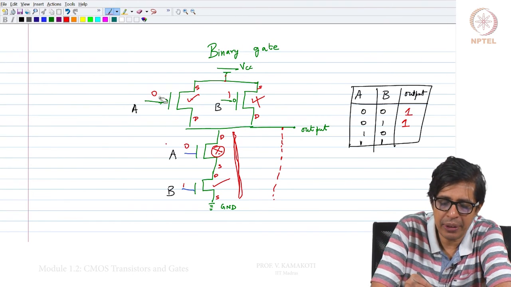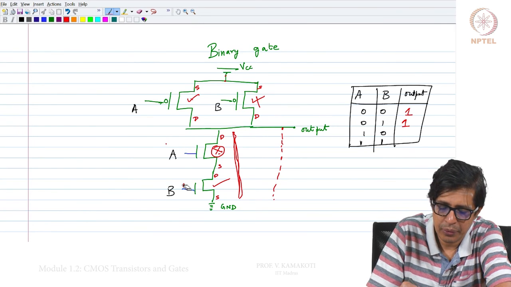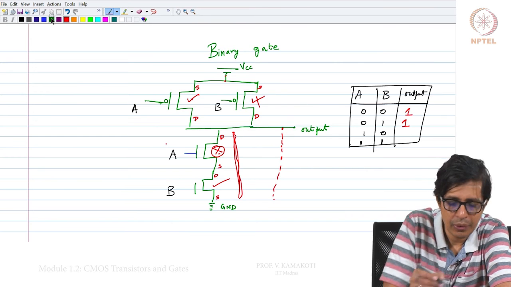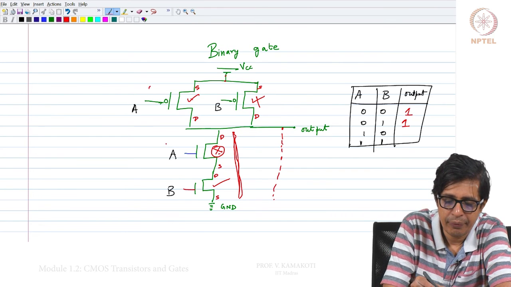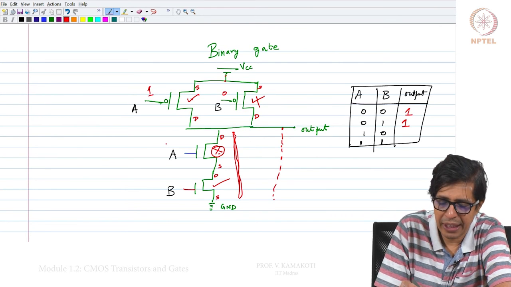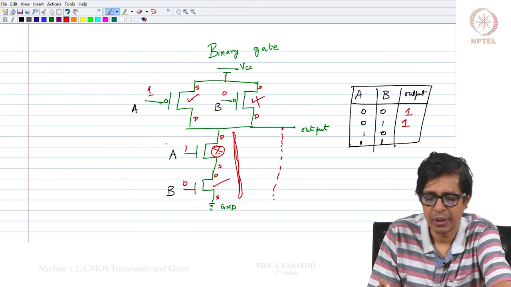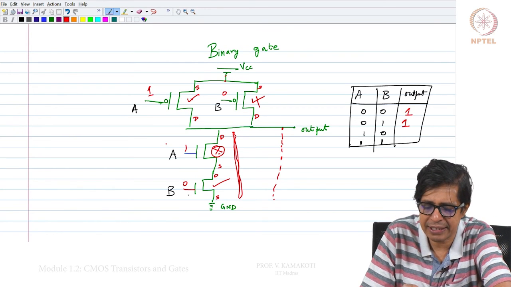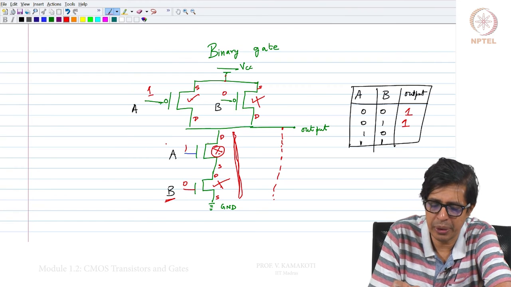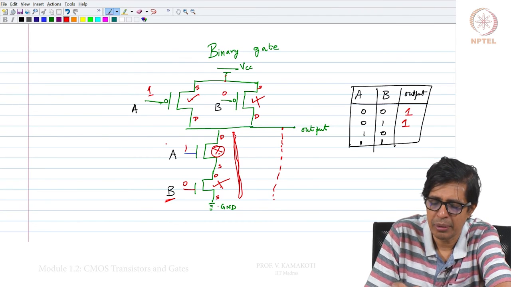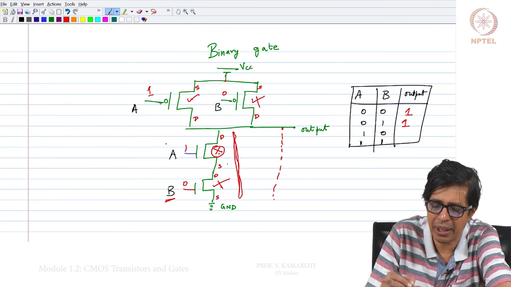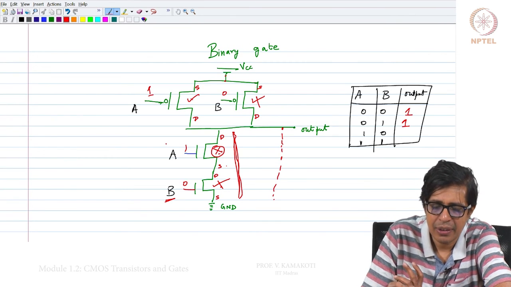So, when I measure the signal across this output, you basically get a 1. The same thing happens when I apply 1 0: 1 for A and 0 for B. Note that the N transistor to which B is connected is off now. Though the A transistor is on, since they are in series, this entire N part is disconnected.